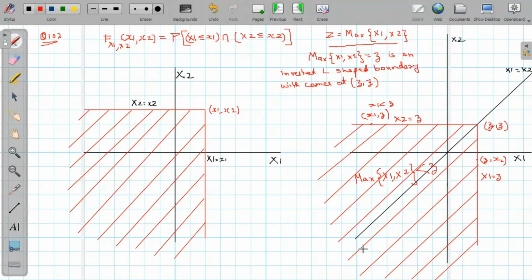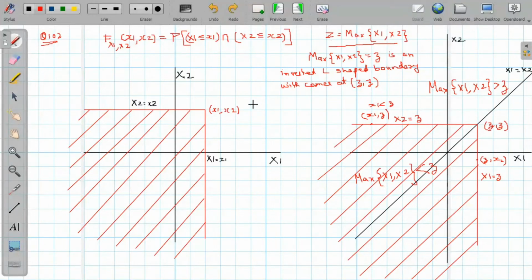For all the points lying in this red lined region, maximum of x1 comma x2 is less than z. And for all the points lying in this non-shaded region, maximum of x1 comma x2 is greater than z.